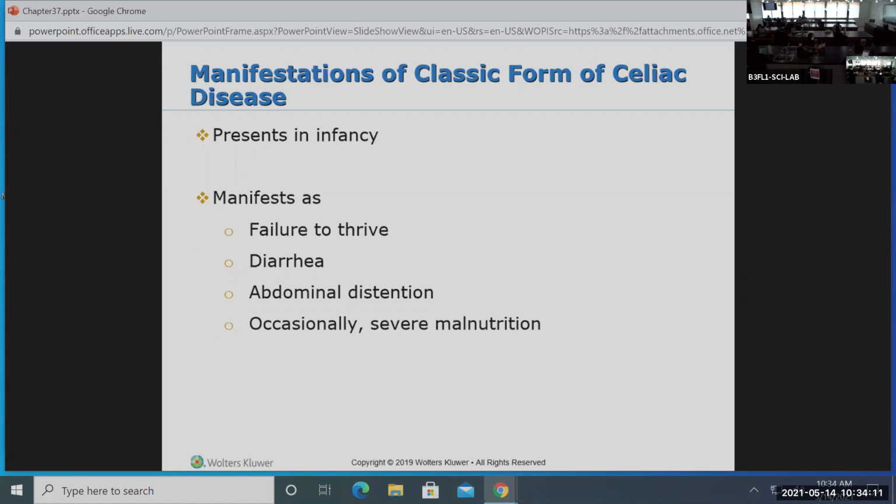So in these patients, what type of diet should they have? Gluten-free. Gluten-free diet. Sometimes wheat and bread do contain gluten. So we need to be very careful whether that bread is gluten-free or not.